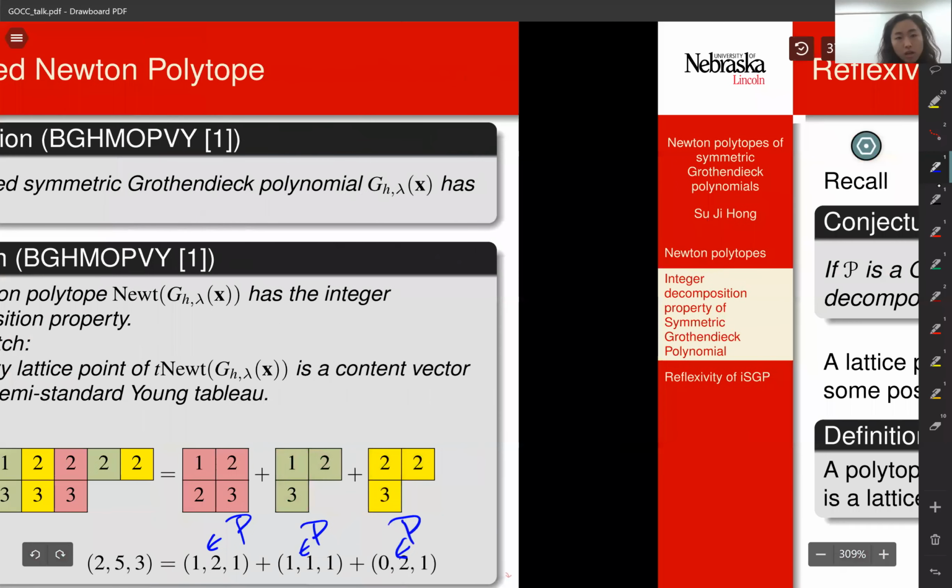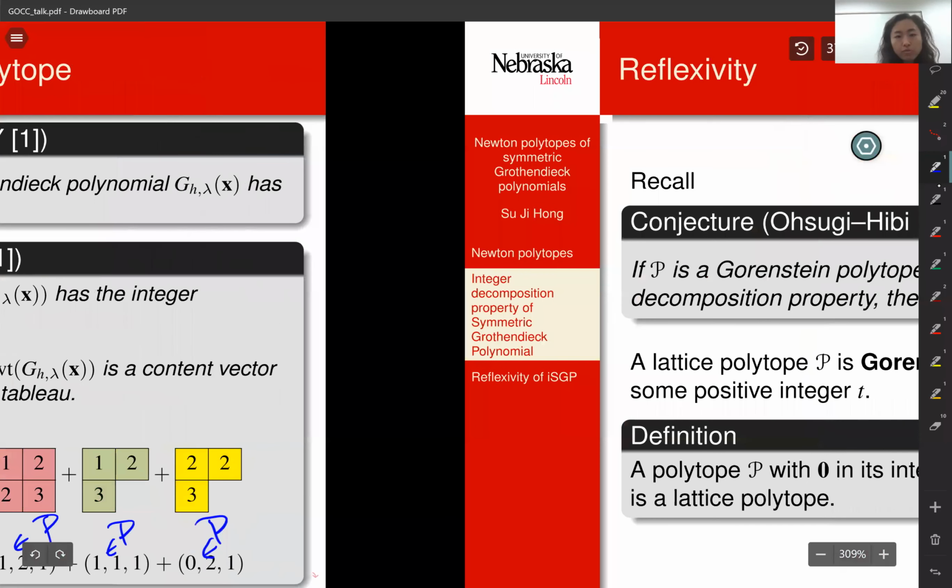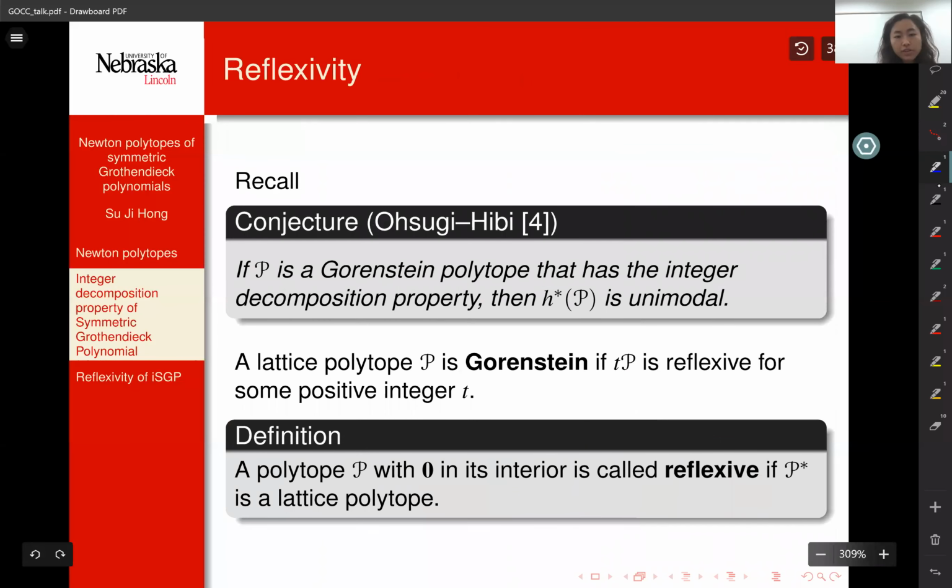Okay, so if you recall this conjecture, another thing that popped up is Grothendieck. In this conjecture, P is Grothendieck and has the integer decomposition property. A lattice polytope is called Grothendieck if some positive integer t times this polytope is reflexive.